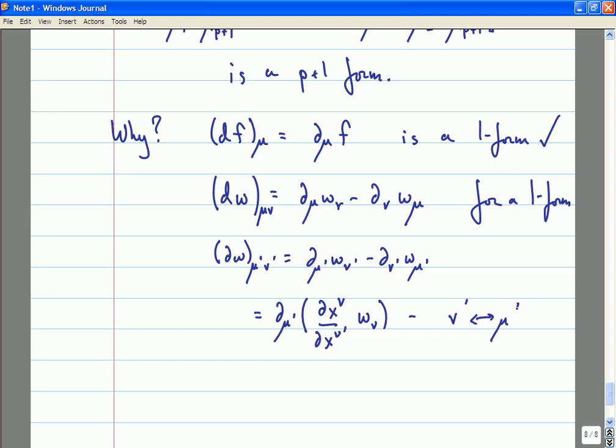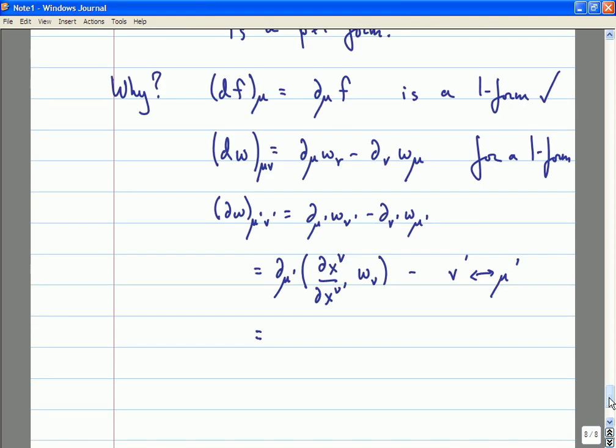So then we can just use the product rule to expand this. So we have dx nu by dx nu prime, where the derivative acts on the first guy. Then we have the term where this derivative acts on that guy.